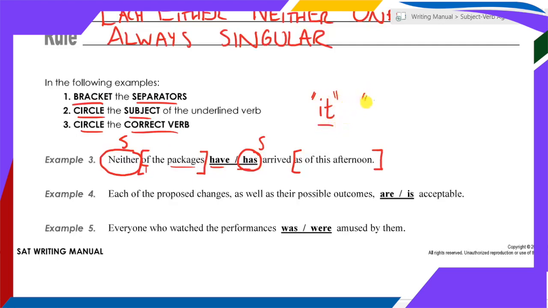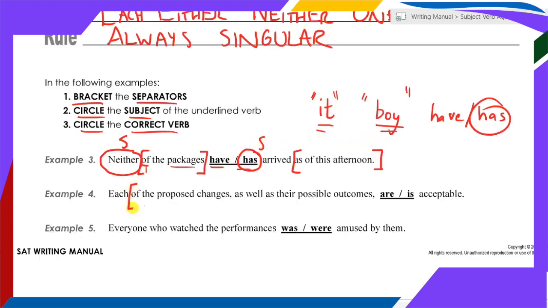You could even replace it with a singular noun, like boy, and then ask yourself what verb you would use. Would you say it have or it has? The boy have, or the boy has? Hopefully everyone said has for both of those subjects. So again, if you're having trouble with the ENOBs, since we know they are singular, just replace the ENOB with it or boy, a singular pronoun or a singular noun, and a lot of times you'll be able to tell which verb form you need.